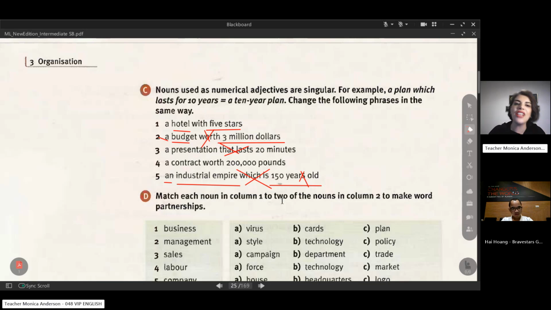Adjectives of number tell us the number of people or things, and they give exact information related to something.